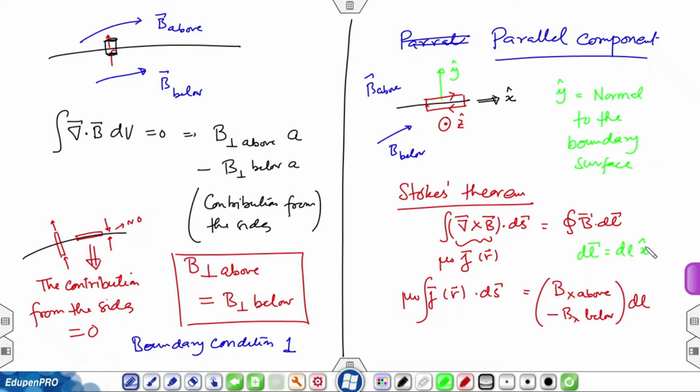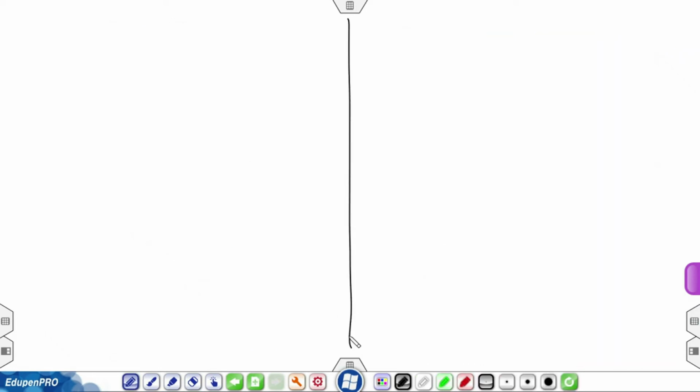And again, if I take this loop to be thin enough, the side contributions are going to be 0, which I am neglecting. So, what do I have now? I have taken the surface, direction going to the right as x, normal to the surface is y, z axis is coming out.